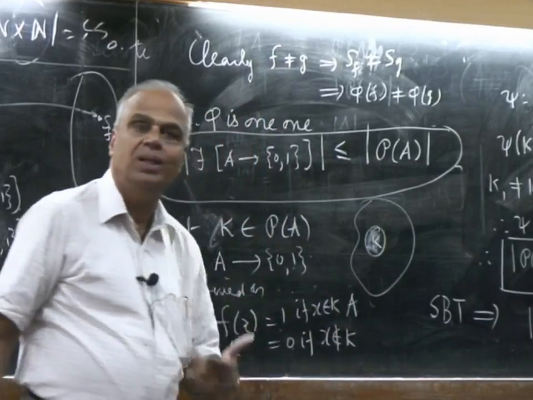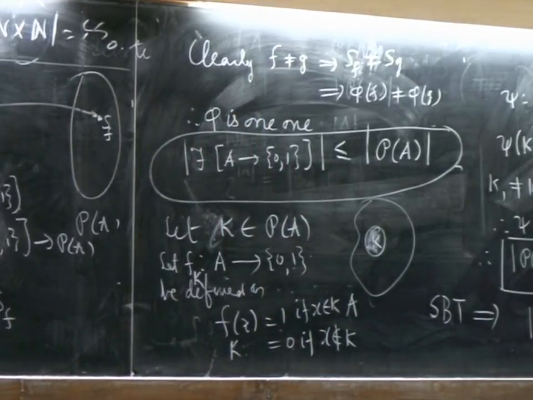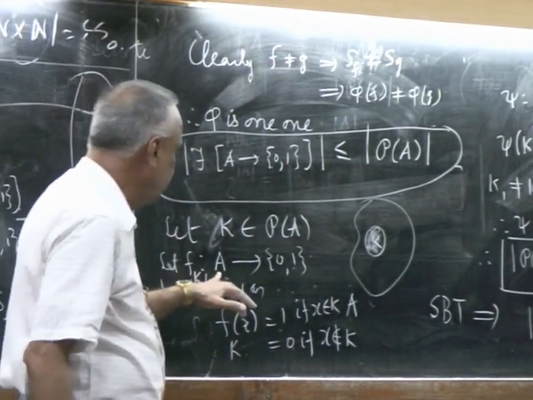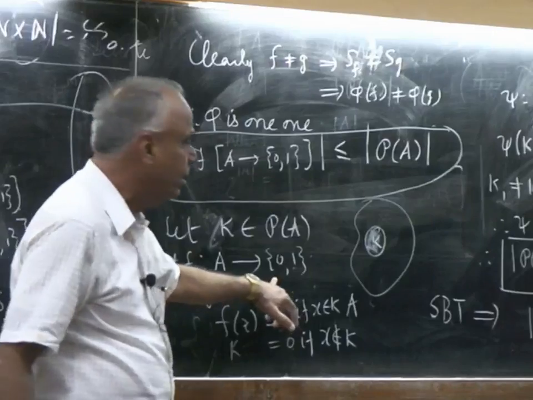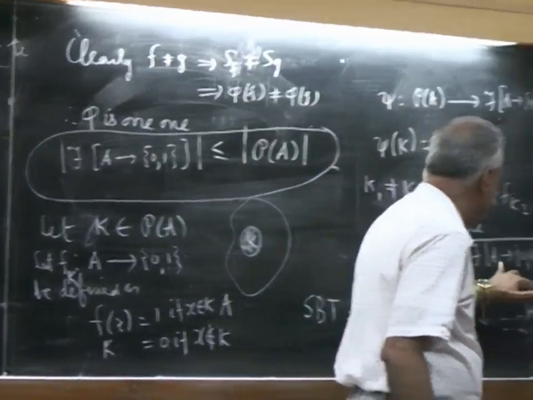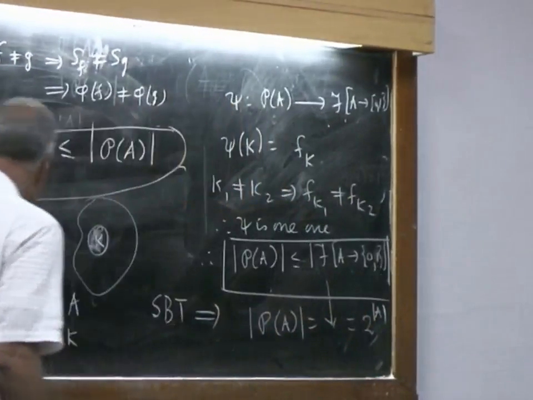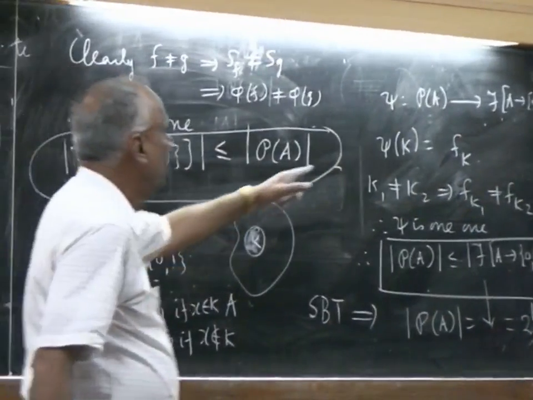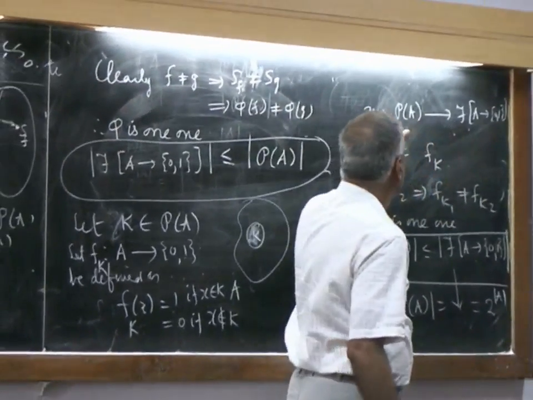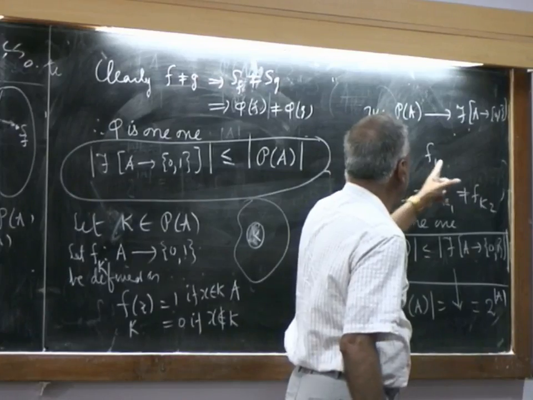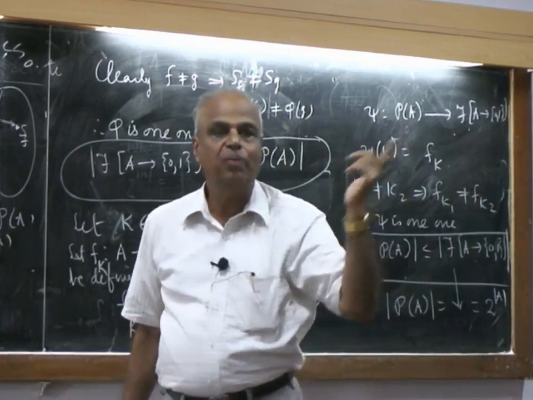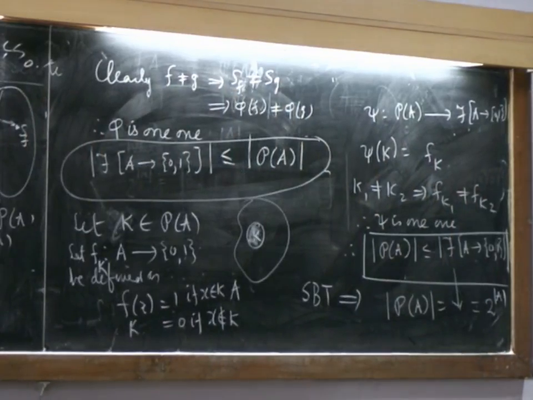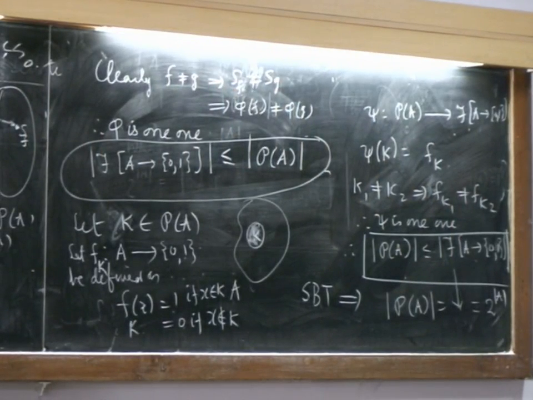Whenever a point is outside, the light is off, it's 0. Now this is clearly a function from A to {0, 1}, and this is the collection of all the functions from A to {0, 1}. So F belongs to that side. So this psi which connects this set K to F_K is a function from P(A) to F(A, {0,1}), and that is 1-1, and we got it.